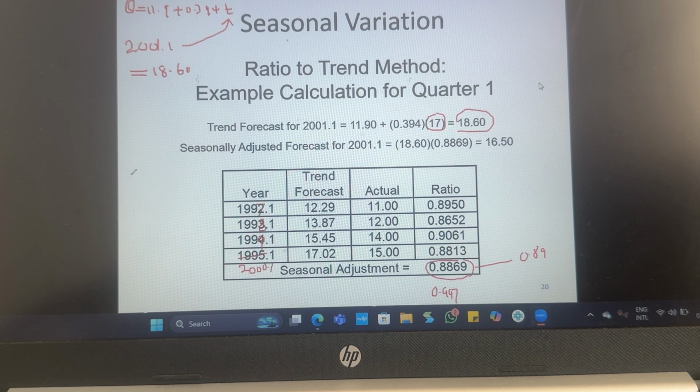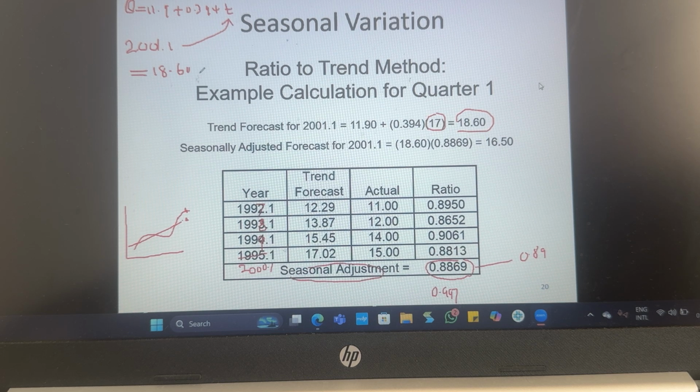Now we need to adjust this number. Why do you need to adjust? Because we notice that even though the trend forecasted value is like this, actual values may be like this, right? So say you are taking this number as the trend forecasted value, but the actual value may be like this. So that's why you need to adjust for the variation. To adjust, we use the seasonal adjustment.